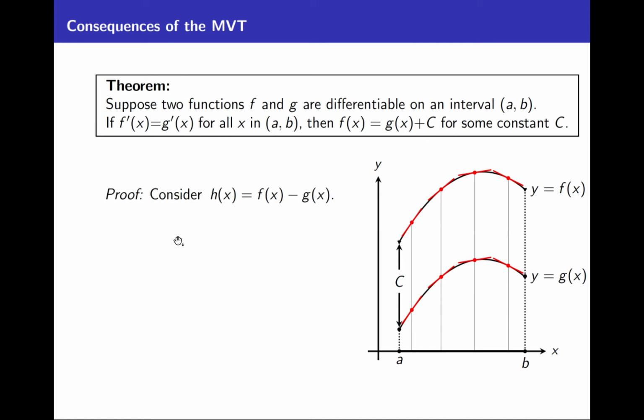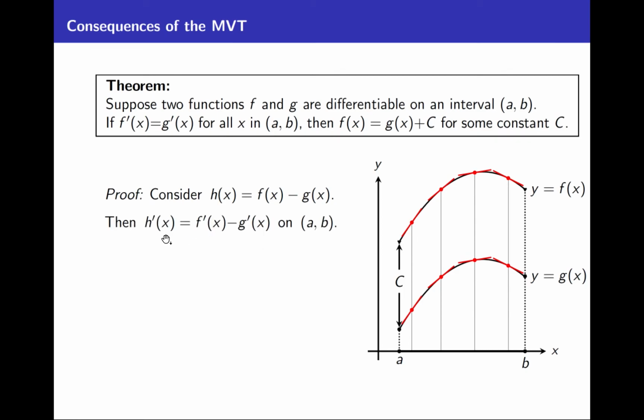And we can prove this as follows. Imagine we've got this set up as stated here where the derivatives are equal for all x in the interval. And we want to conclude that f of x equals g of x plus c. Well, to do that, make a third function, call it h of x, which equals f of x minus g of x.